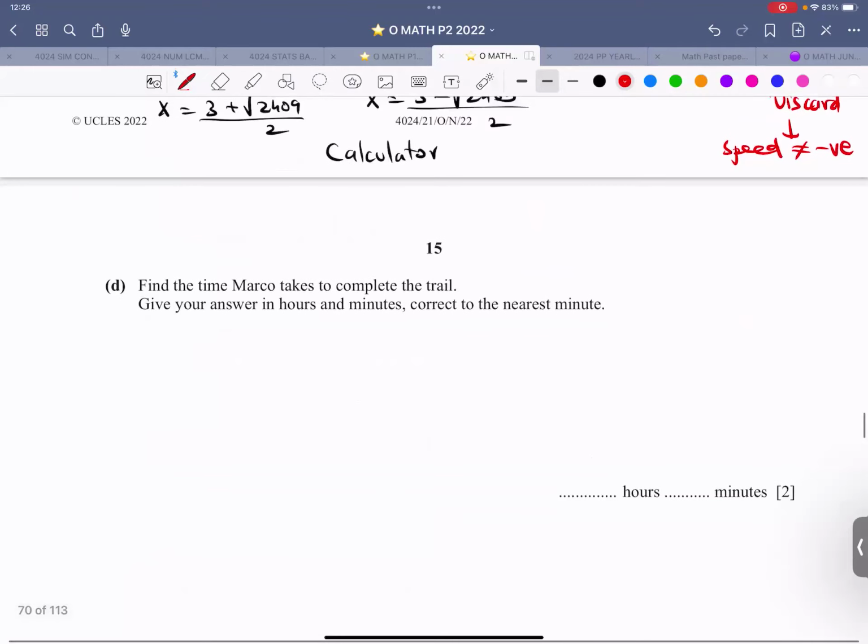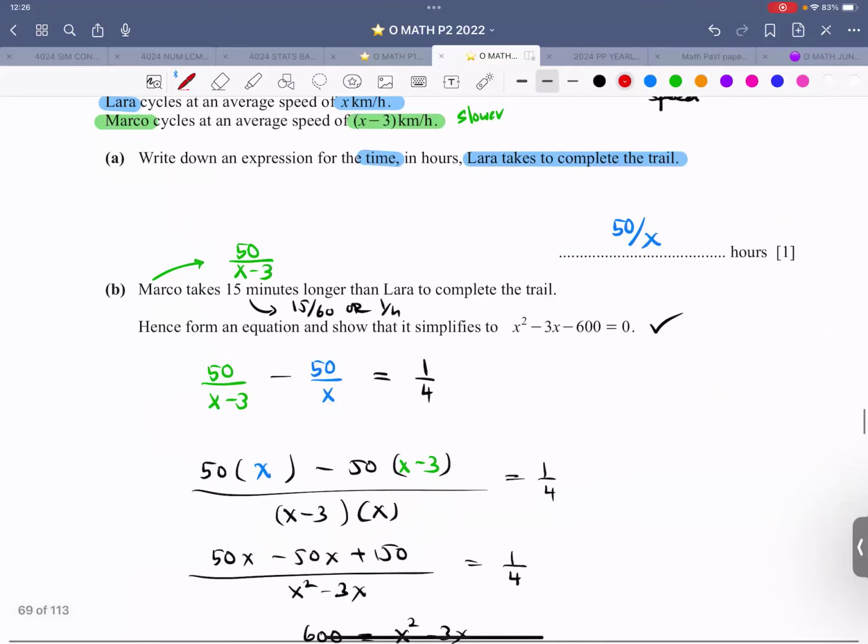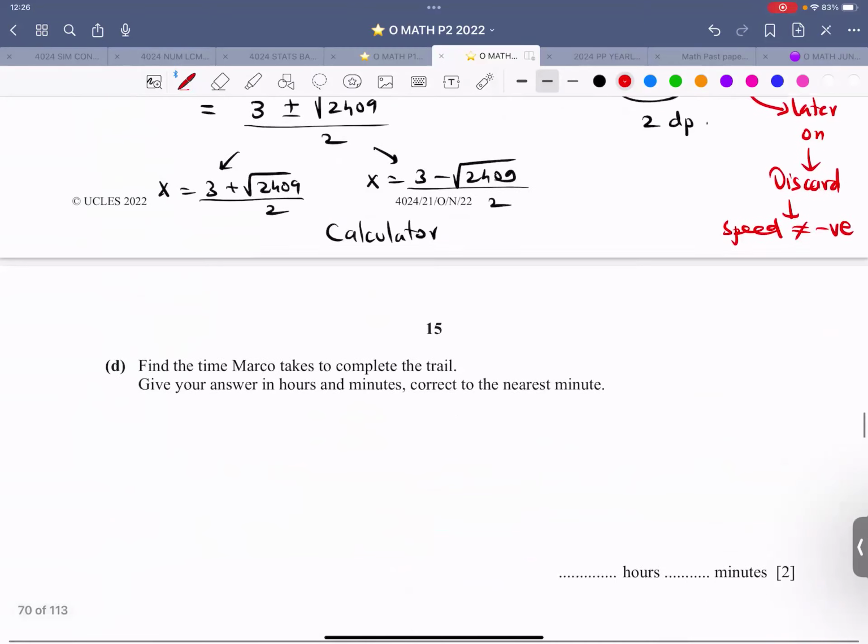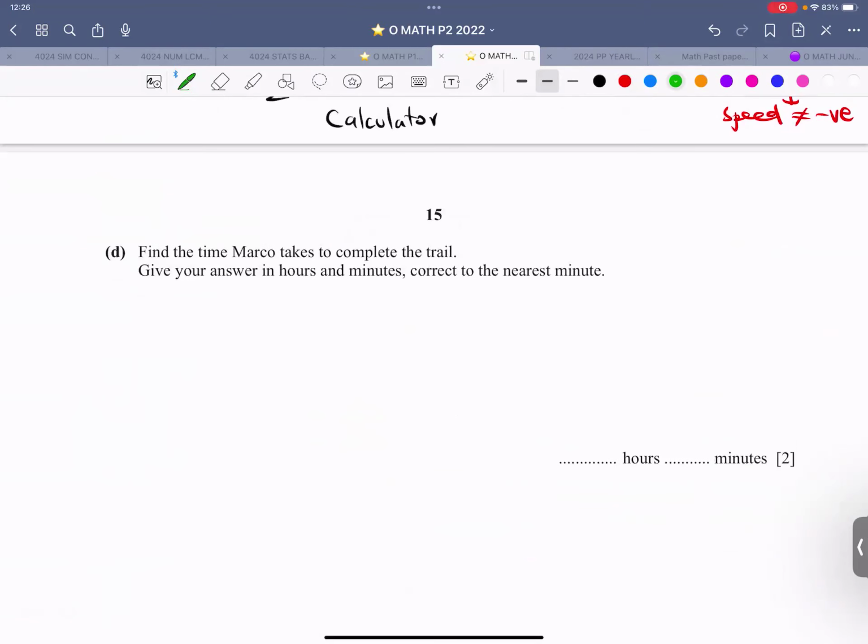Find the time Marco takes to complete the trip. So Marco is taking 50 over x minus 3. Marco is the green person. So time for Marco is 50 over x minus 3. x is 26.04. 50 over 26.04 minus 3, that is 50 over 23.04.